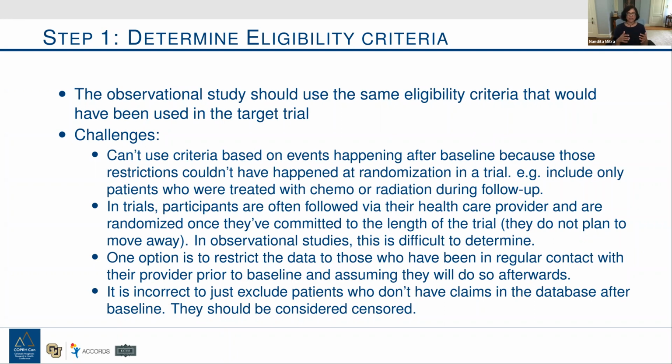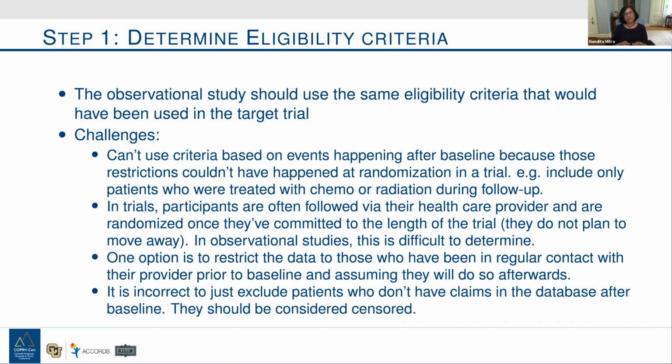So for example, if you say, well, I'm only going to include patients who survived 3 months beyond treatment in this observational study, that does not emulate a trial, because when you're randomizing them to these two treatments, you don't know what's going to be happening after randomization. So your eligibility criteria should not be based on anything happening after baseline, even though I've seen that many times.